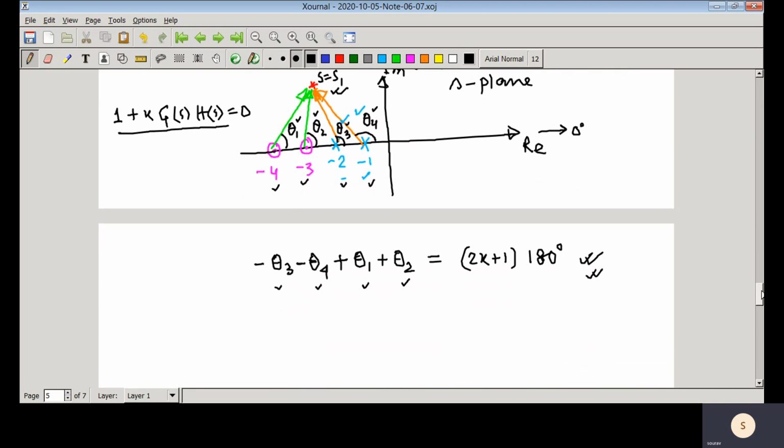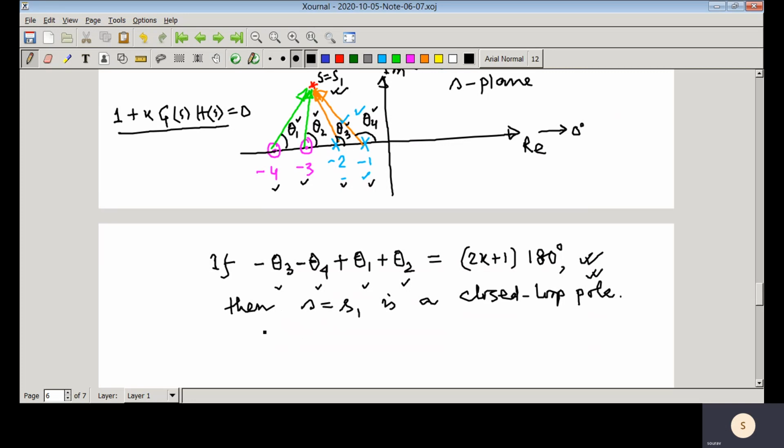Now suppose this phase condition is satisfied. Then we can write that S equal to S1 is a closed loop pole.